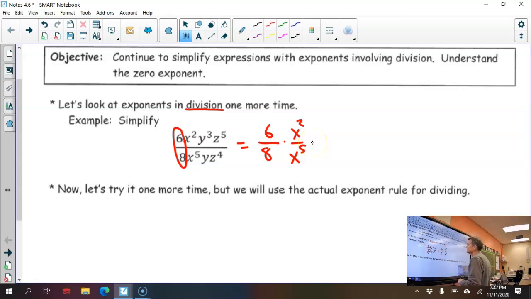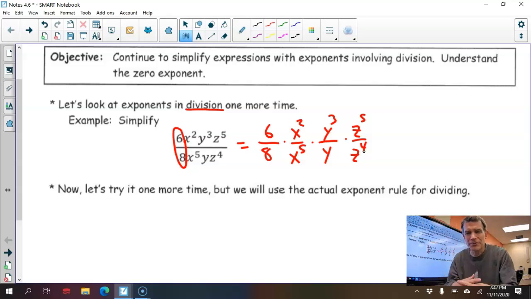So we would have the x's together, we would have the y's together, and we would have the z's together. All right? And I'm going to reduce each one of these separately. Then after I reduce it, I will multiply them back together, kind of.